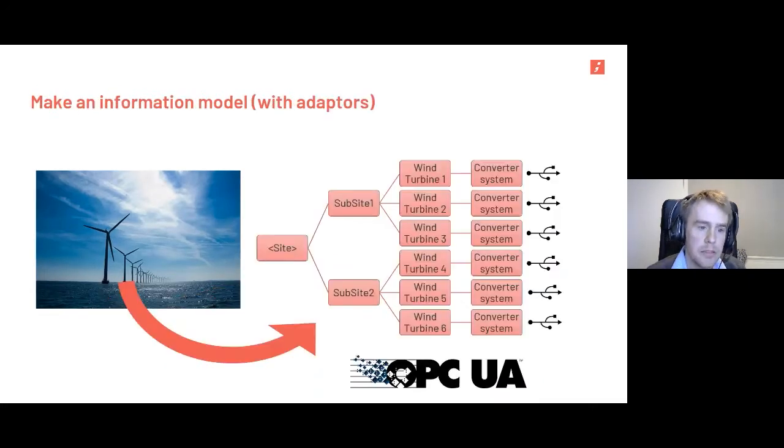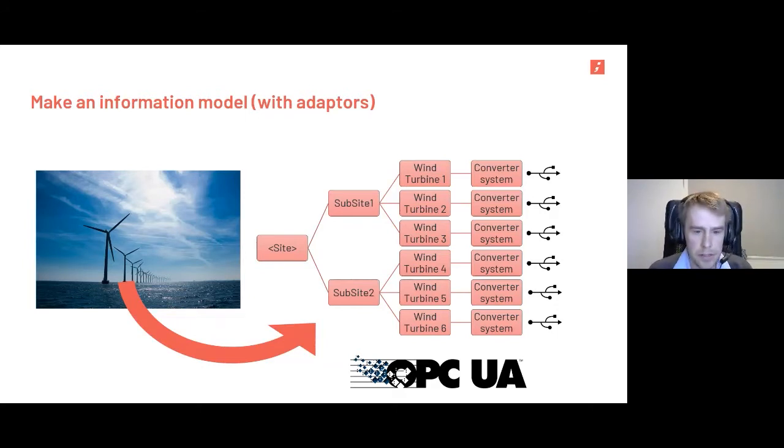If you have an information model, then, as we've heard, what's going on in industry is that companies and also equipment vendors are supplying or using information models. So what we can do is to look at the information model as a thing which has some adapters.